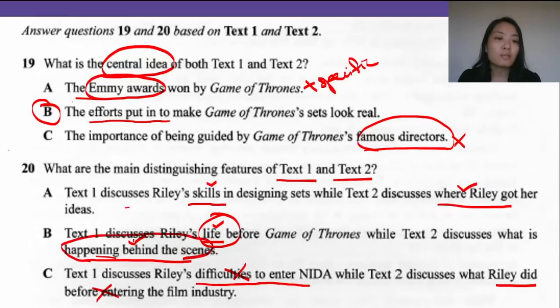Probably, maybe, because it's talking about what happens to her after the set is done, before that, what she has to do, what she has to prepare during the thing. So it's not focusing so much on the idea. Idea sounds a bit more wrong. It's more about the life over here. Because this one sounds more wrong, we don't take this, and then this we don't take, so we are left with B. That's the answer.